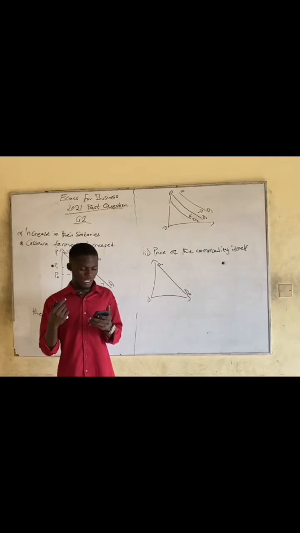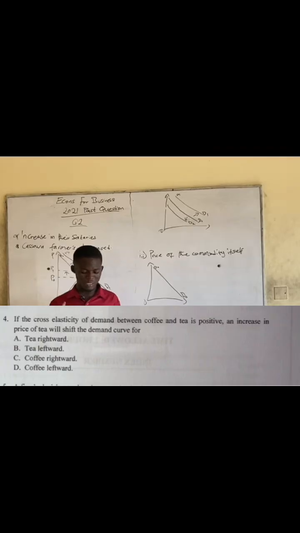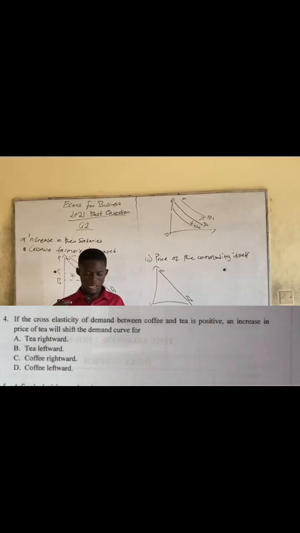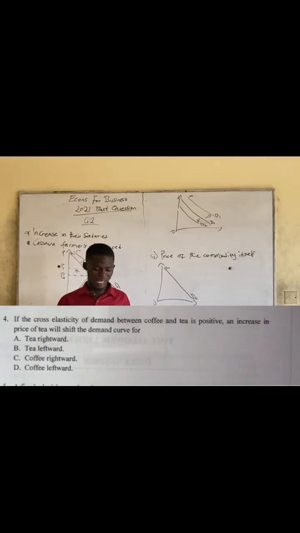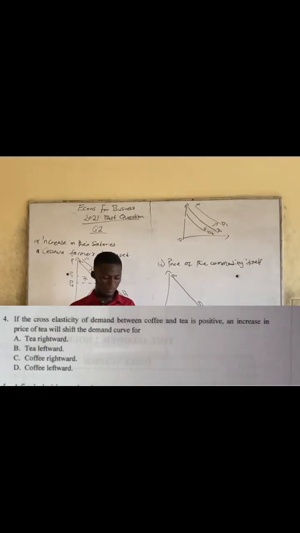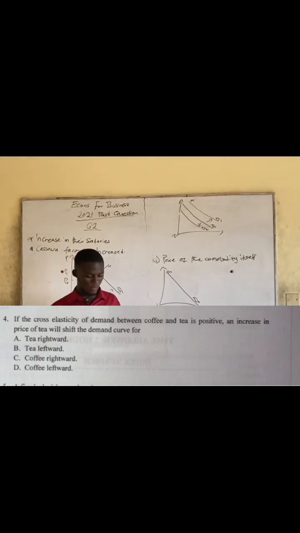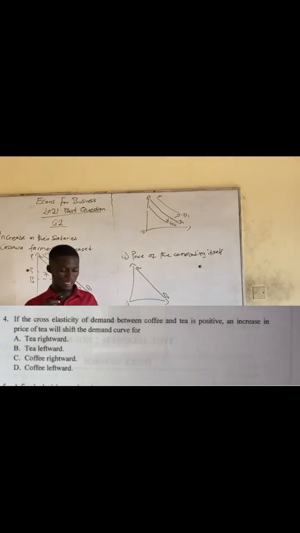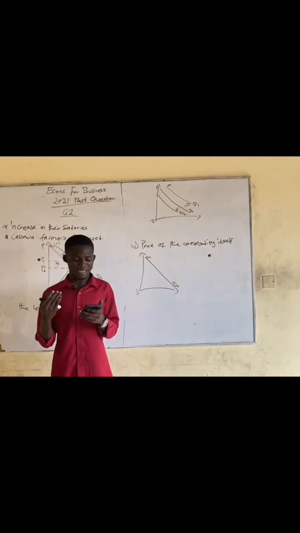Question 4, if the cross elasticity of demand between coffee and tea is positive, an increase in price of tea will shift the demand curve for A, tea rightward, B, tea leftward, C, coffee rightward, D, coffee leftward.